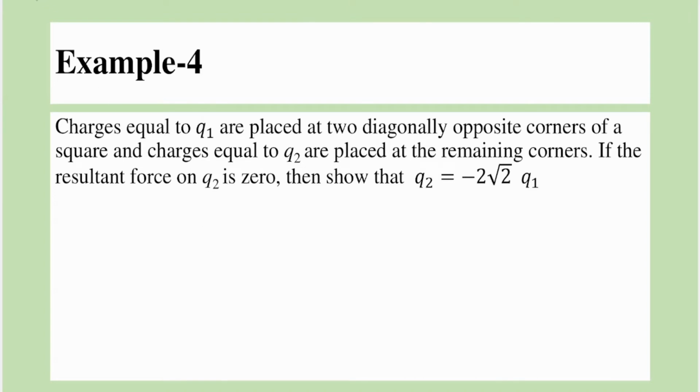Example 4 says charges equal to Q1 are placed at two diagonally opposite corners of a square, and charges equal to Q2 are placed at the remaining corners. So a square contains 4 corners. At two corners which are opposite to each other, charge Q1 is placed, and at the remaining 2 corners charge Q2 is placed.